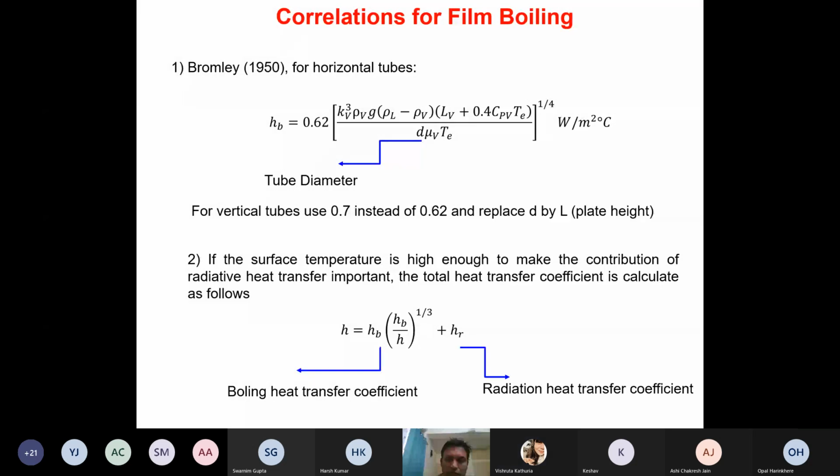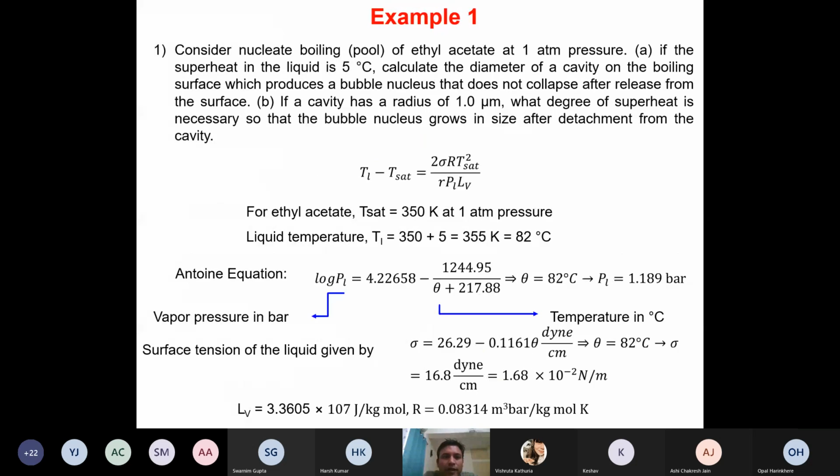Okay. Now let us look at two problems on this. Consider nucleate boiling of ethyl acetate at 1 atmosphere pressure. If the superheat in the liquid is 2 degrees Celsius, calculate the diameter of a cavity on the boiling surface which produces a bubble nucleus that does not collapse after release from the surface.